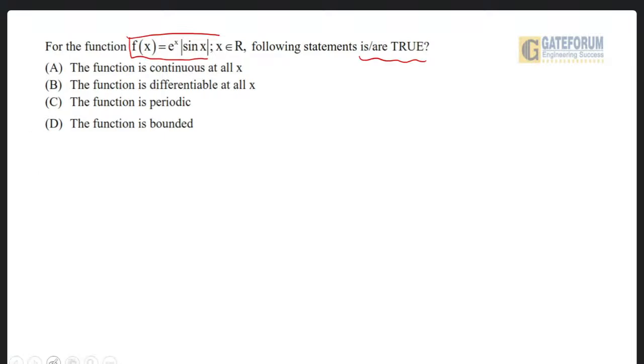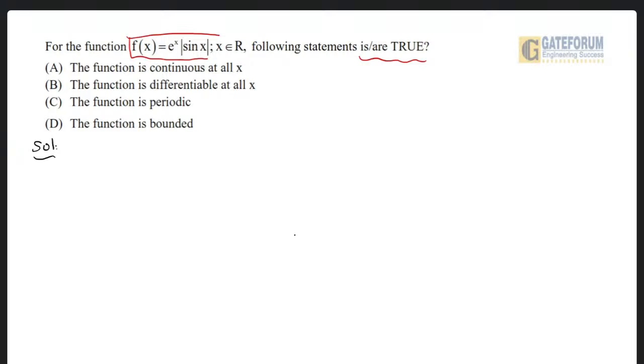And the solution is: if the graph of f(x) can be drawn without breaks, with no gaps, then the function is called continuous at all x. If there is a gap, that is a discontinuity, and automatically it is not differentiable also.